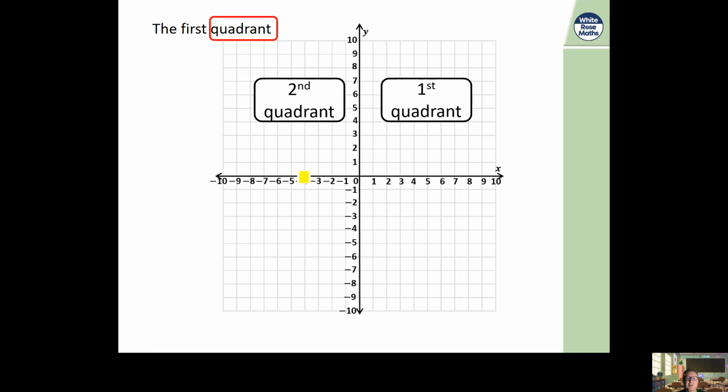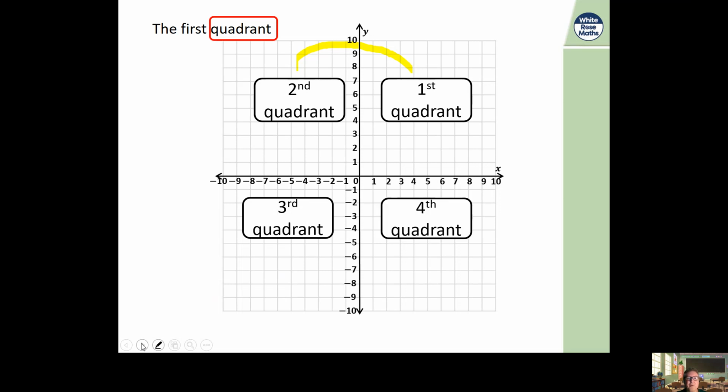There's the second quadrant. Do you remember now? So we were going in this counterclockwise direction. So what's going to come here? Third quadrant. And finally the fourth quadrant. So this is the focus of our learning today, the first quadrant.